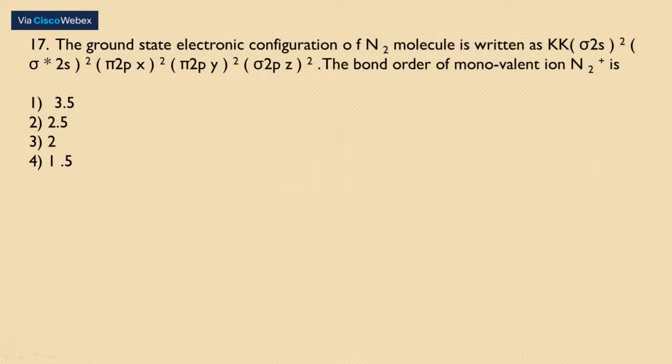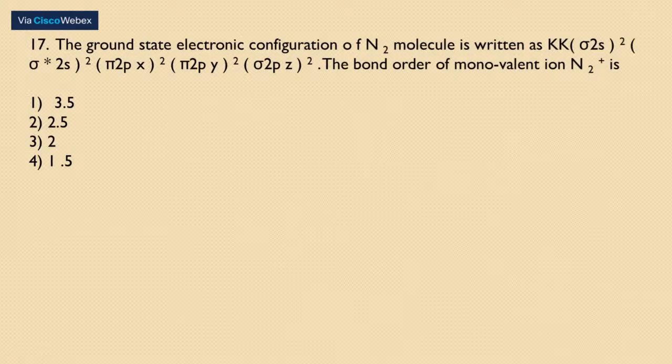You can write only the outer shell configuration: sigma 1s2, sigma star 2s2, pi 2px2, pi 2py2, sigma 2pz2. So this is the molecular electronic configuration of the nitrogen molecule.